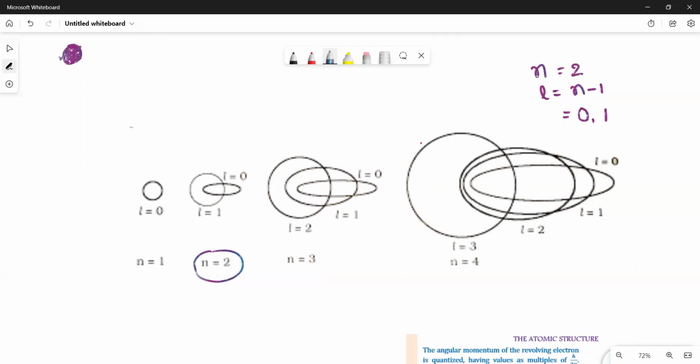L equal to 0 means spherical, and L equal to 1 is where we find one ellipse. Then L equal to 0, 1, 2 when n equal to 3. So we are dividing a shell into subshells.